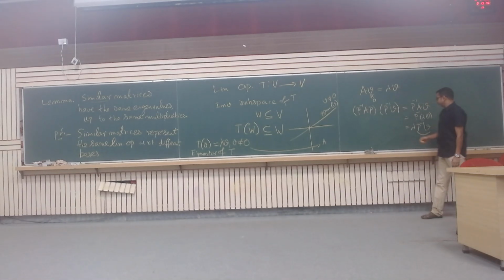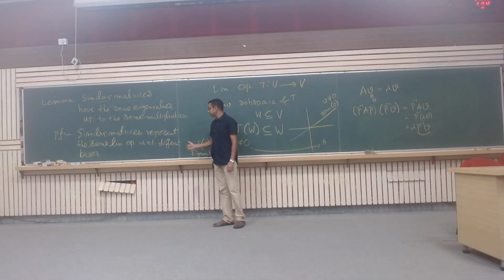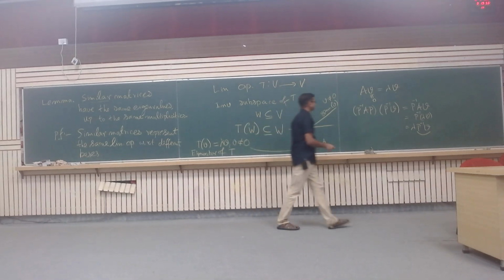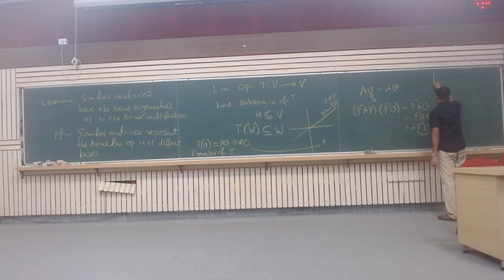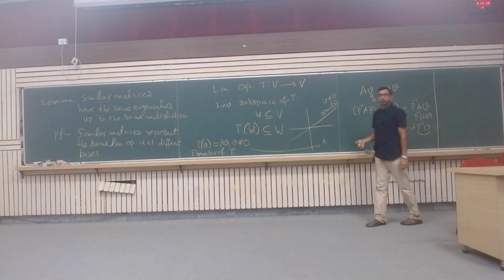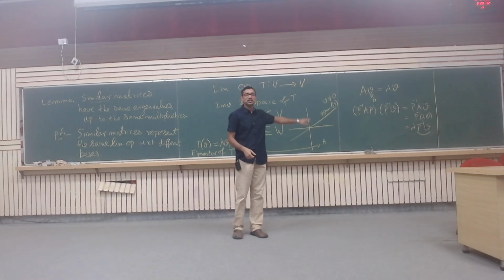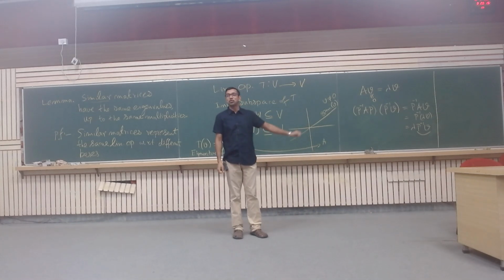Okay? Now let's relate it with what we have just written here, that similar matrices represent the same linear operator with respect to just different bases. Okay? So suppose now that, if we use this notation, then it's a bit problematic, because now we are going to denote v for the vectors and x for its coordinates. So once you have written this down, I'm going to wipe this out just not to confuse you with two different notations.